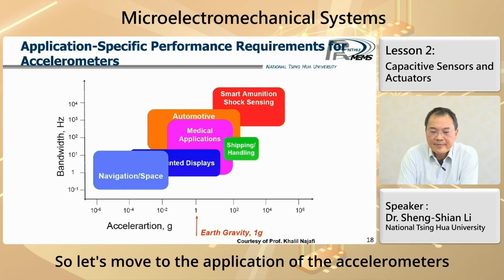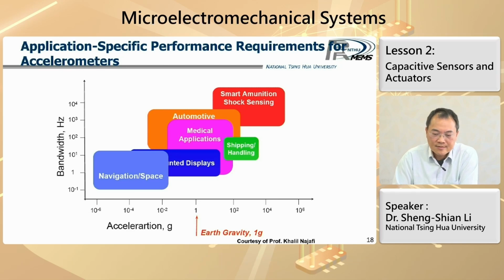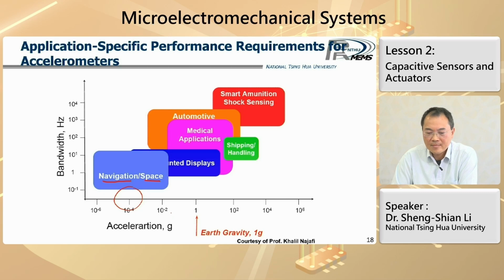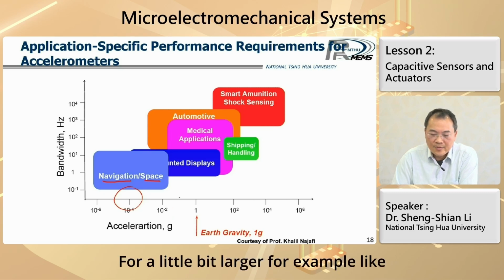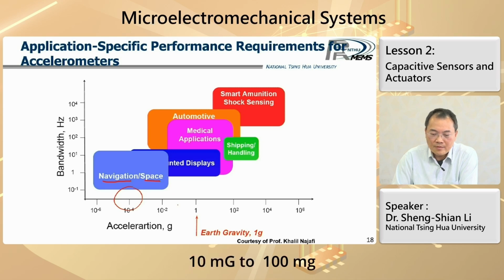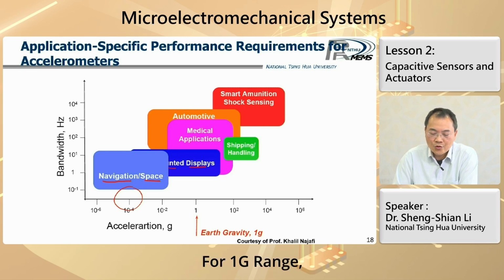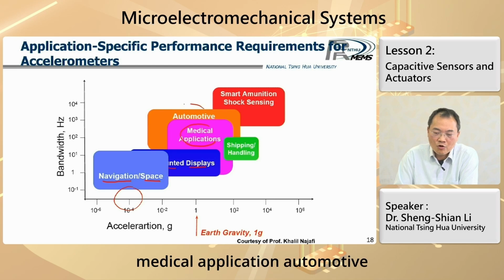So let's move to the applications of accelerometers. Based on application, for micro-G to 1G, we use those specs to perform navigation and space. For a little bit larger, for example 10 milli-G to 100 milli-G, they can be used for head-mounted displays. For the 1G range, medical applications and automotive.